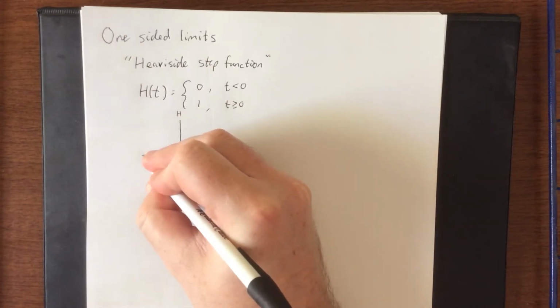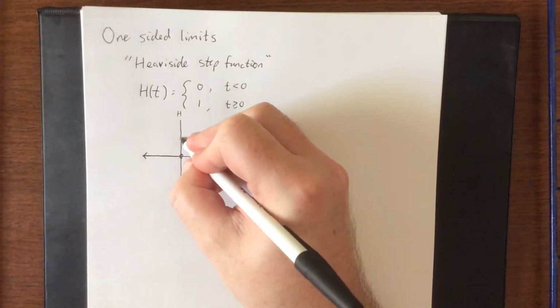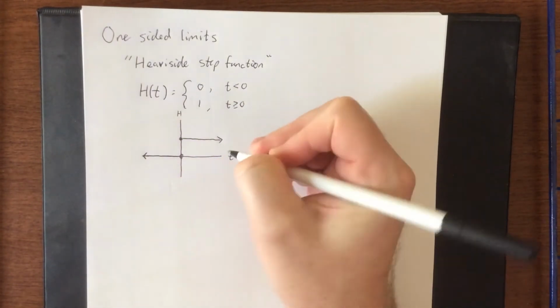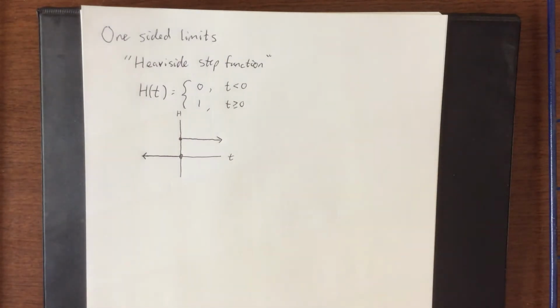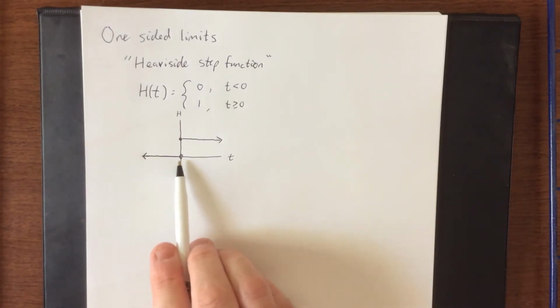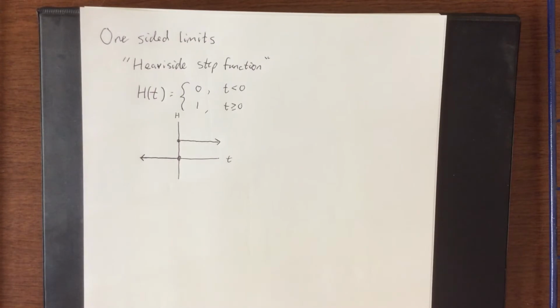So 0 when we are less than, and 1 when we are greater than or equal to. So if something is off for an extended period of time and then is turned on, the Heaviside step function is how we model that behavior over the course of time.